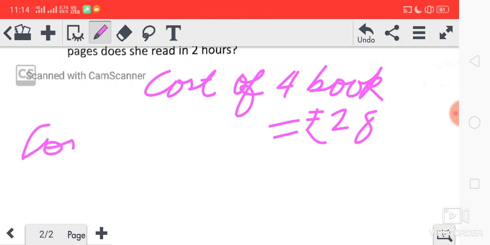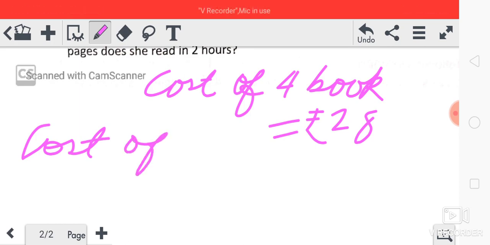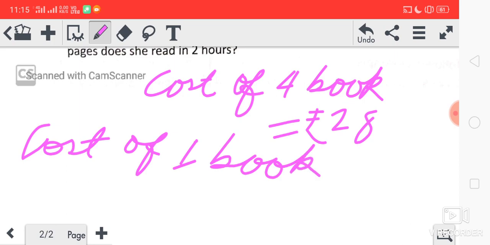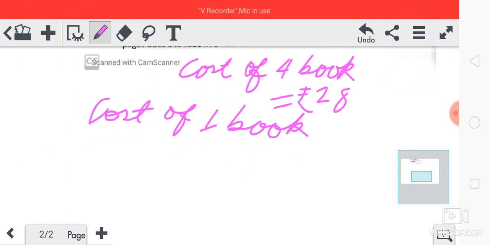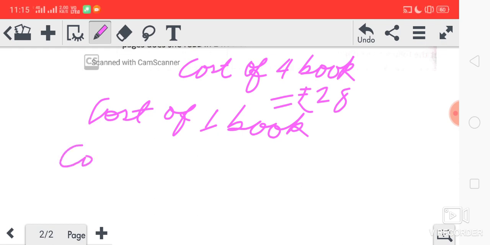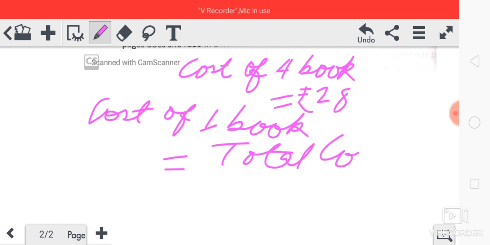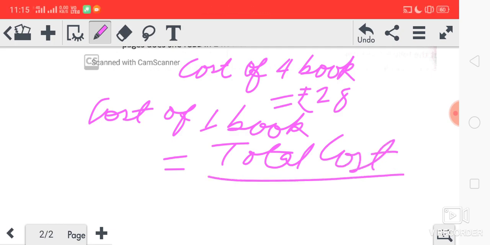So the cost of 1 book will be equal to how much? So how will we find this one? The cost of 1 book will be equal to the total cost divided by the number of books.